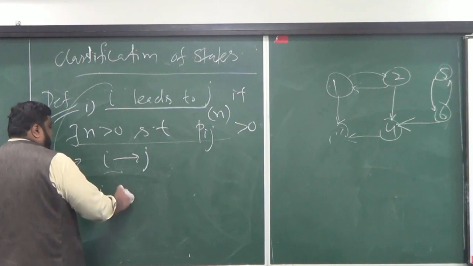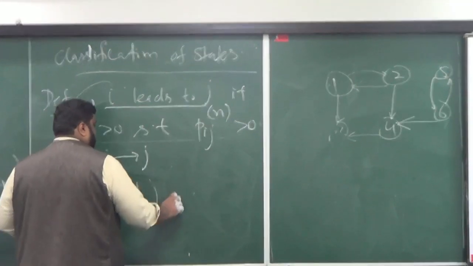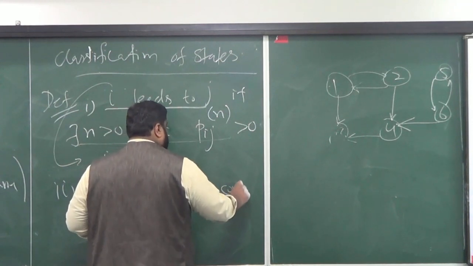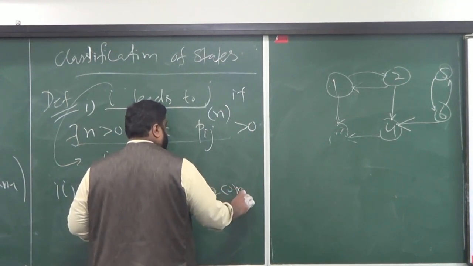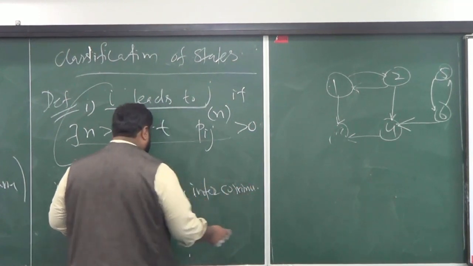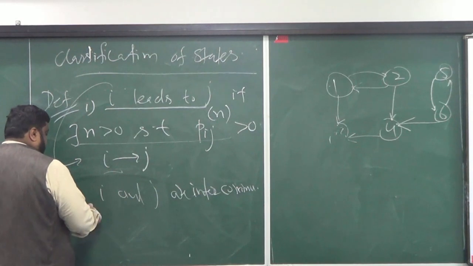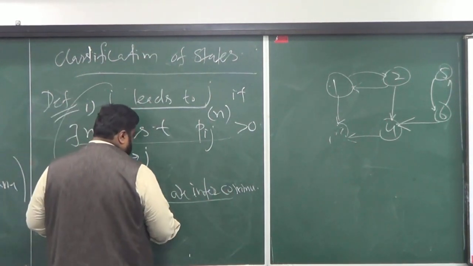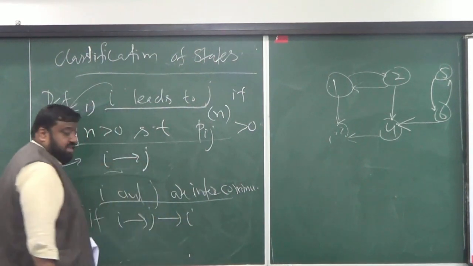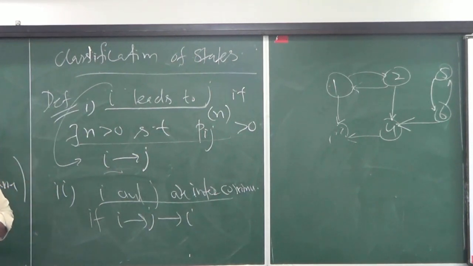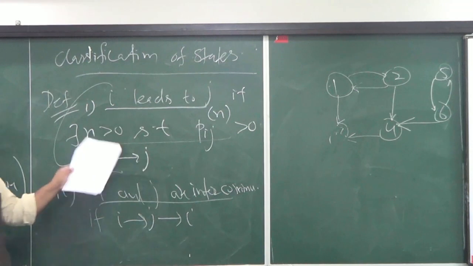I would say I and J are intercommunicating. What do you think the definition of it should be? I leads to J, and J leads to I. Yes, intercommunicating. We can move from state I to J and J to I. So we have a positive probability in some number of steps, not necessarily the same.